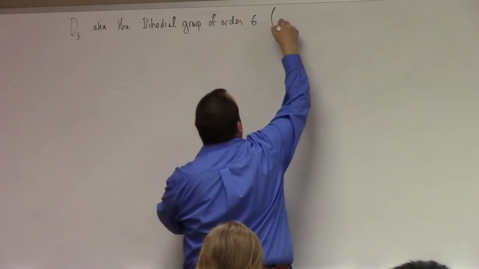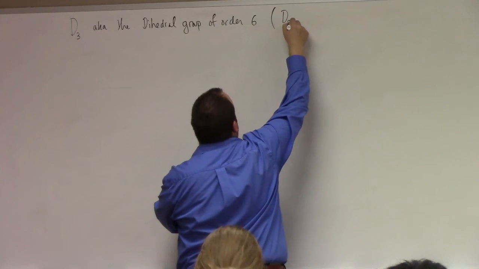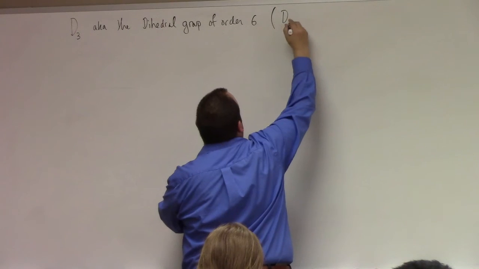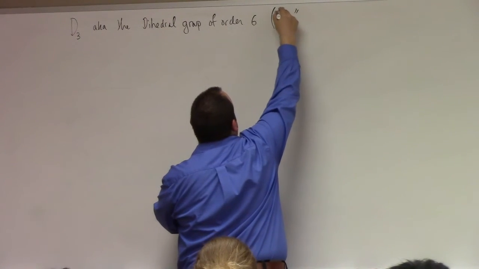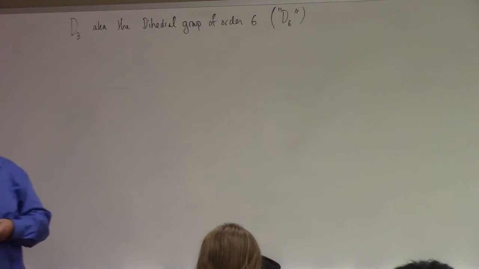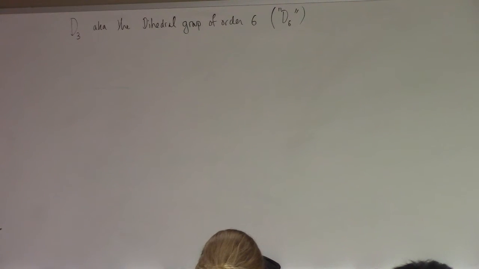Some other books will call this D2n. Beware of that. D6, quote unquote. I'll put some quotes on it because that's not what we call it. But if you just start reading stuff on the internet, it might be called D6, all right?